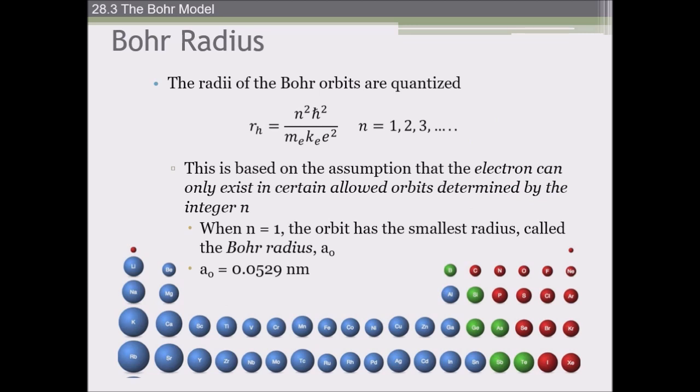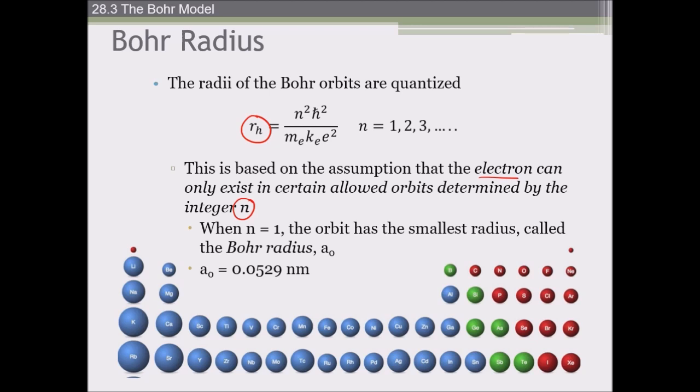And we can use that, if we model the electrons as being in orbit, to find an orbit radius for the atom. This is useful to get a rough idea of what the size of this atom is. This is based heavily on the assumption that the electron can be only in certain orbitals determined by the integer. When n equals 1, we're in the lowest energy state, and so that's called the Bohr radius of the atom, the lowest energy state.